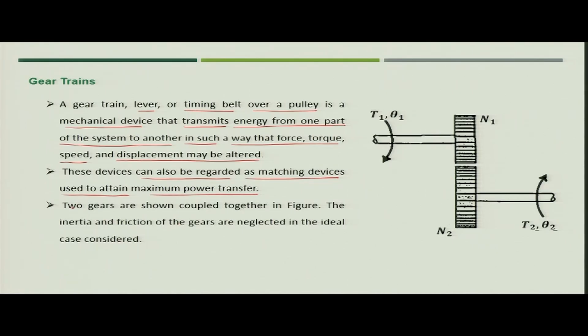Now, we see in the figure two gears coupled together. The inertia and friction of the gears are neglected when you consider the ideal case. So, in this case T1 through these gears is transferred to the second gear, that is having torque T2.